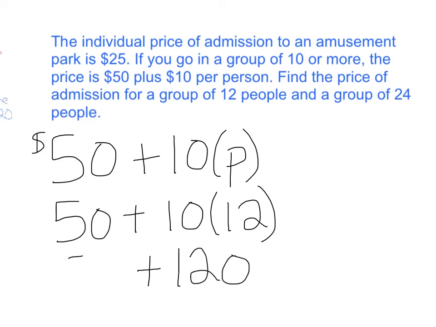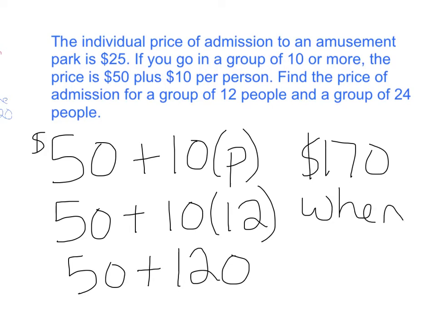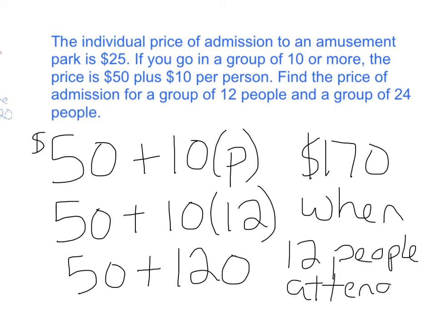And I add $50 to that. So my answer is $170 when 12 people attend. And again, I'm sure your handwriting is way better than mine, but you get the gist of what I'm saying.